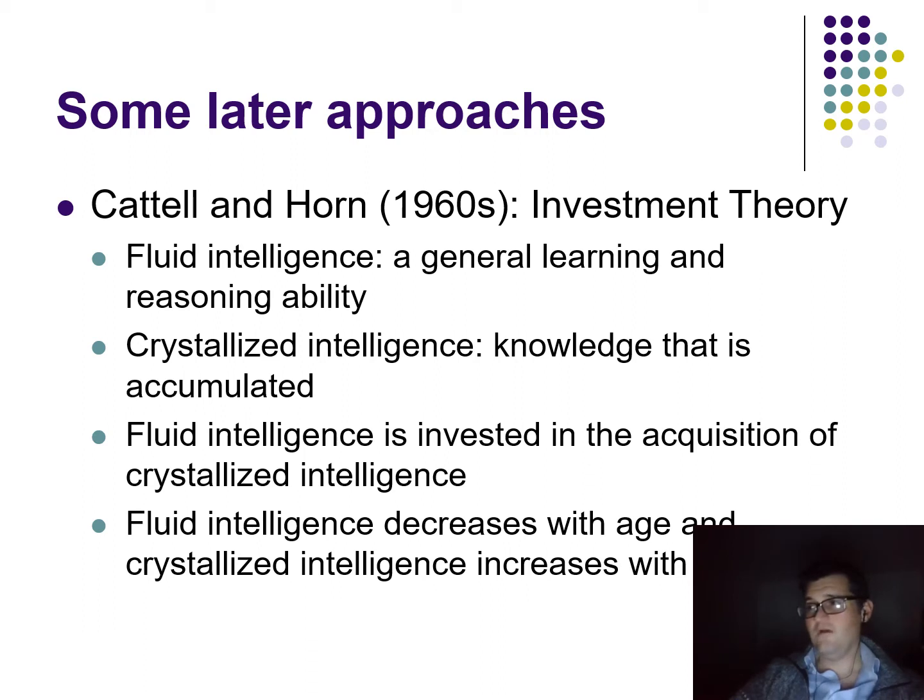So knowledge about mathematical and scientific facts, information about all the books that you've read. Crystallized knowledge is usually declarative. It's stuff that you can either say, or it's practical in the sense that it's a skill that you can demonstrate. The idea here is that your fluid intelligence is invested in the acquisition of crystallized intelligence.